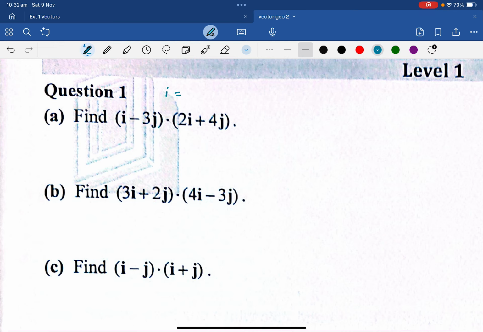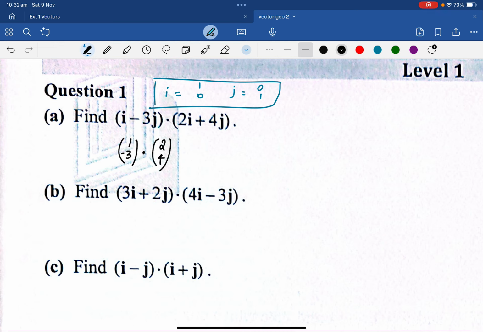Remember i is equal to 1, 0 and j is equal to 0, 1. All this means is that if you see i, put the 1 on the top, and if you see j, put the 1 on the bottom. Okay? So first one, this in component form would just be 1 and minus 3 dot product with 2, 4.